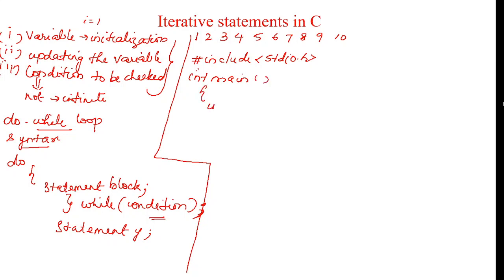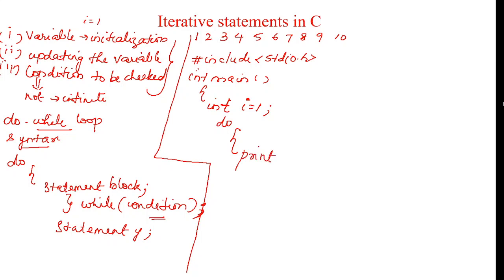You are going for the first step, that is initialization. The type of the variable which you are using is integer. That's why you are using the keyword int. I is equal to 1. What is the meaning of I is equal to 1? Now 1 will be assigned to the variable I. Now you are going to start your loop, do.